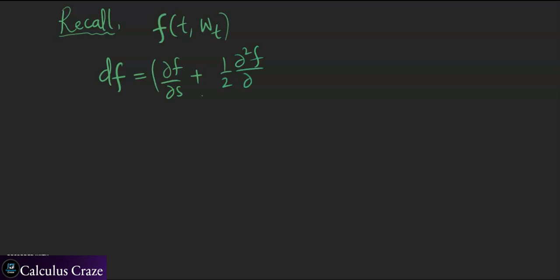Let's continue the techniques of stochastic integration further. Recall, if a function depends on time and also on Brownian motion, then for this kind of function, we have seen that the differential is given by df is the partial derivative of f with respect to t, dt, plus 1 half second partial derivative of f with respect to the Brownian, dt, plus the partial derivative of f with respect to Brownian, d Brownian.